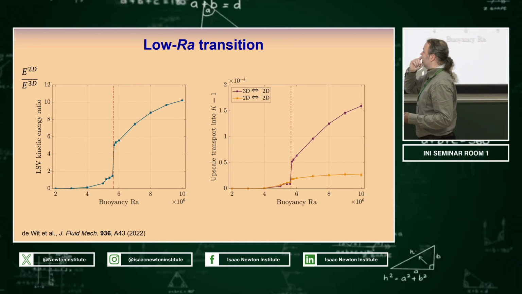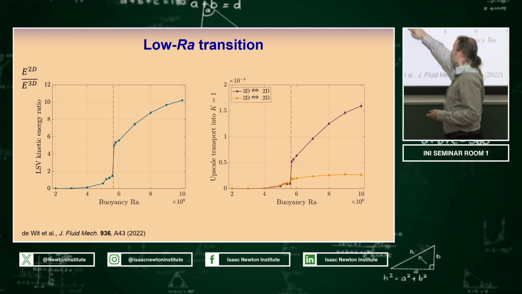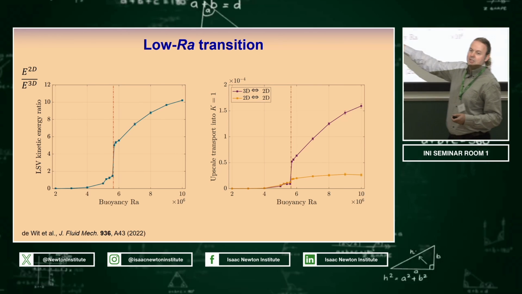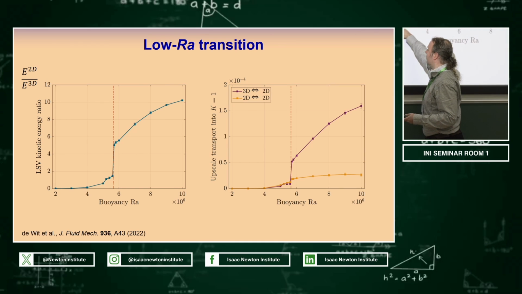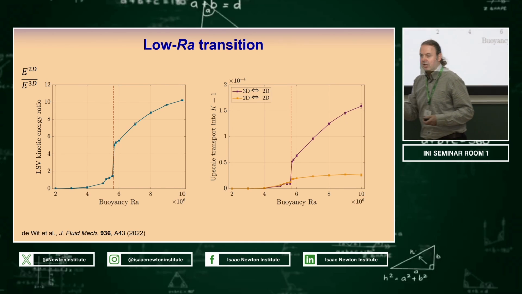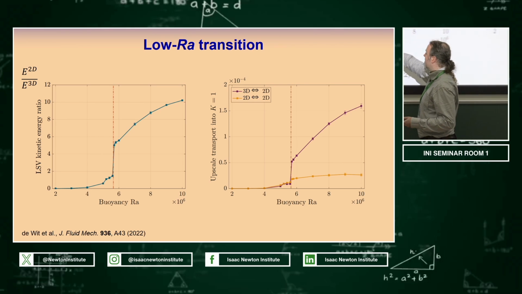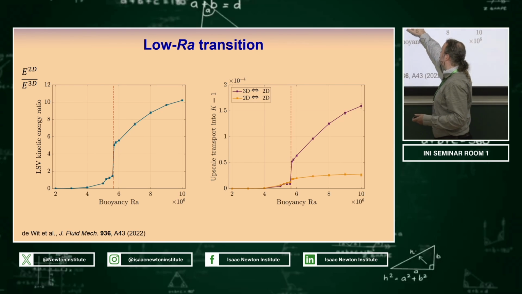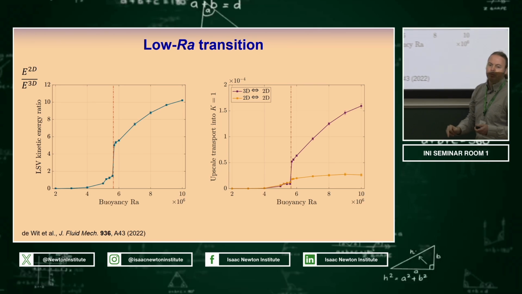Now, in both cases, we can see that on the far left, at small Rayleigh numbers, these quantities are both basically zero, so there's nothing indeed developing towards a large-scale vortex. But as you increase the Rayleigh number, there is some gradual growth, and then suddenly this big jump.